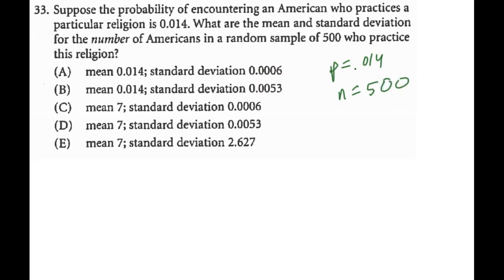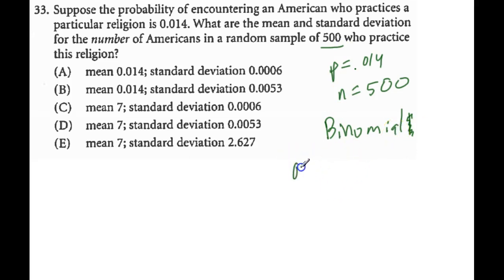At first I was tempted to say this is maybe a sample means problem, but sample means have to be quantitative variables, and this is: do you practice a particular religion? That's not a quantitative variable. It's kind of a yes-no question. So when you have yes-no questions, you've got to be thinking binomial here. There's a set number of trials of 500, so it's not geometric.